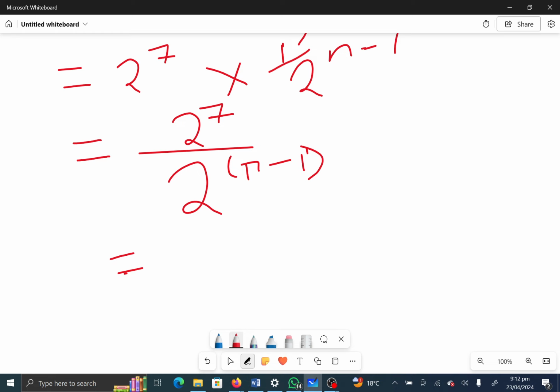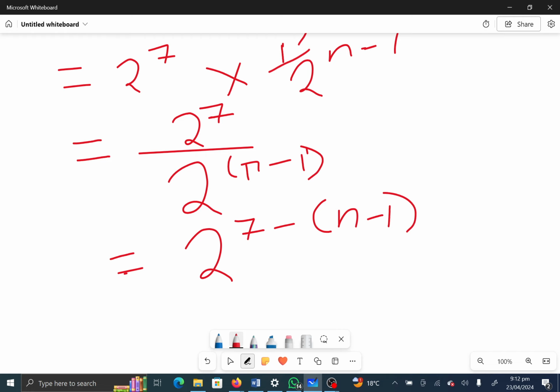Are we okay? Since we are trying to generate the formula, if we have a denominator with a common base, we can rewrite it as 2 to the power 7, and when we bring the power on top, it becomes a negative power, minus the index n minus 1.